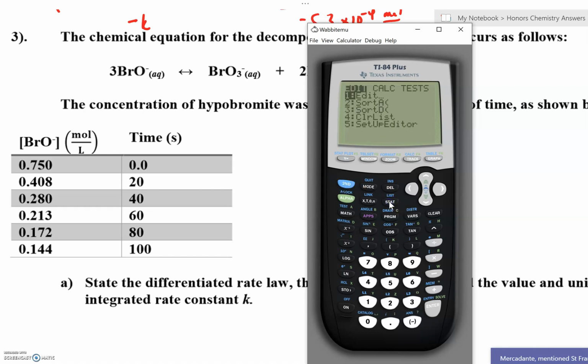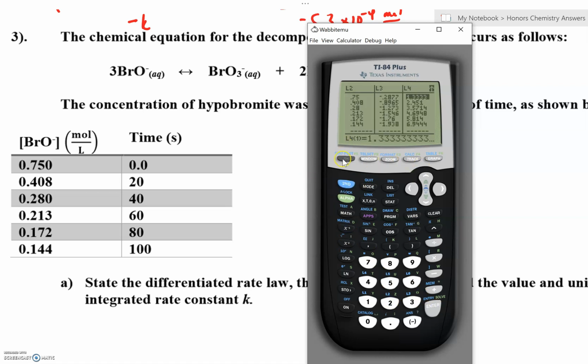So let's go to our data. And let's set up one more. We're going to tell the calculator to take everything that's in L2 and invert it. And let's make sure that this is on.